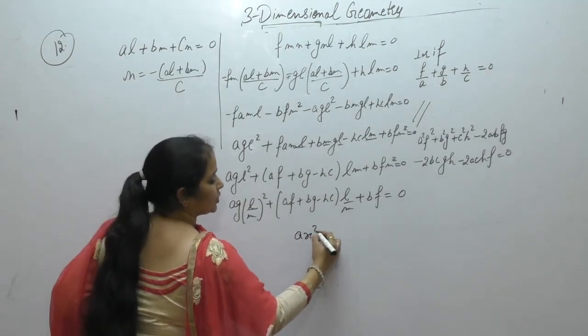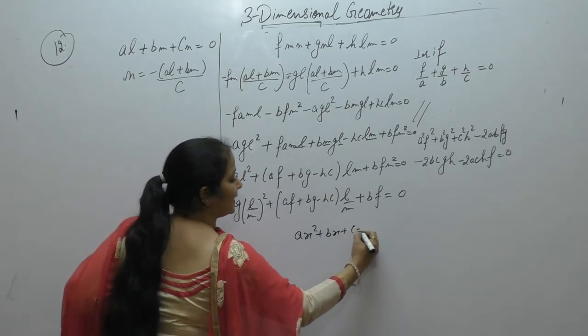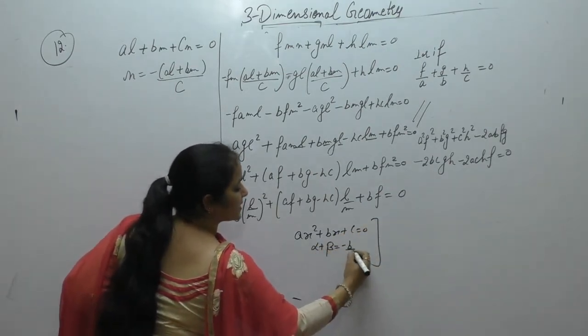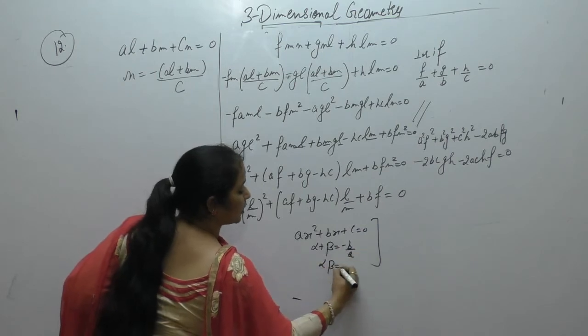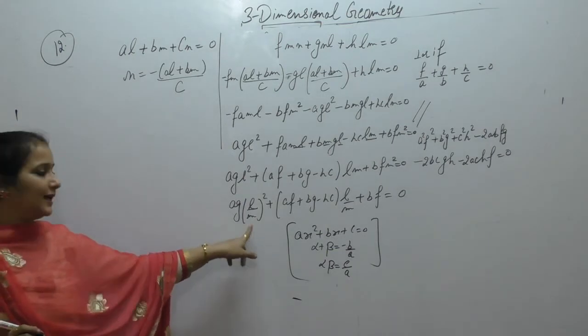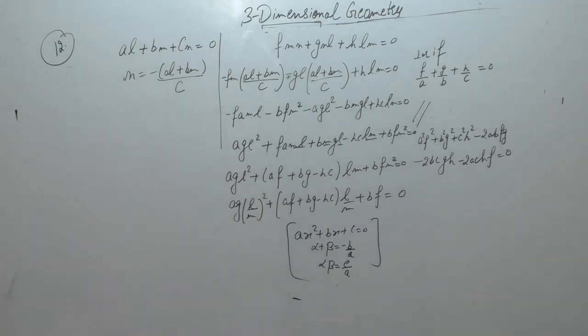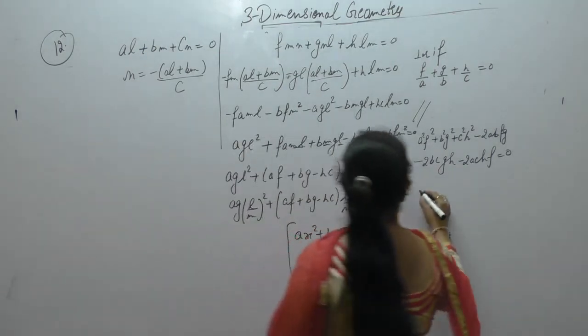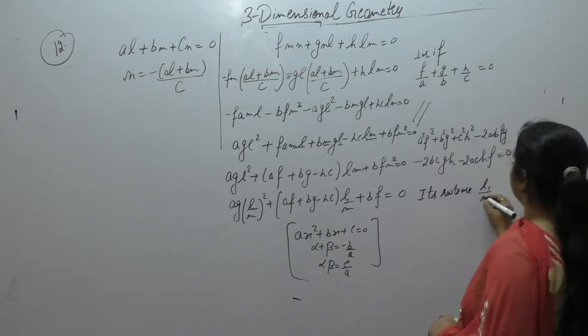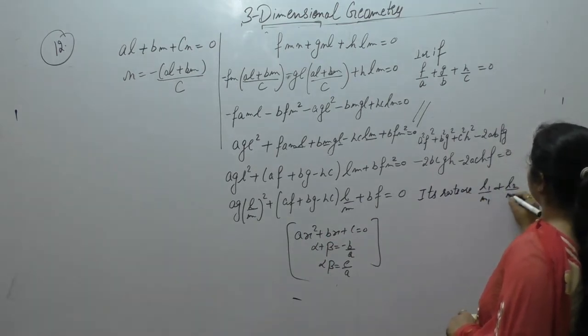If the general quadratic equation is this and its roots are alpha and beta, then we know the sum of roots is minus B upon A and the product of roots is C upon A. Now this is a quadratic in L upon M, so its roots are L1 upon M1 and L2 upon M2.